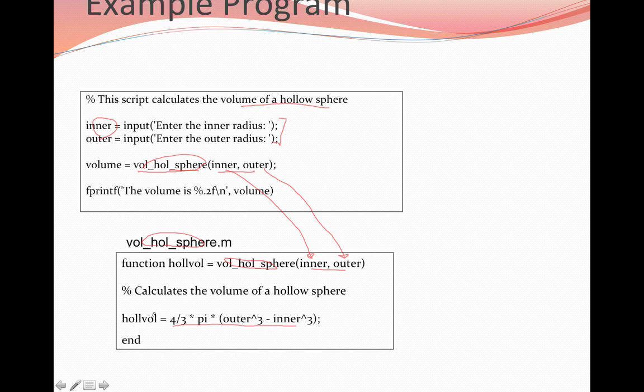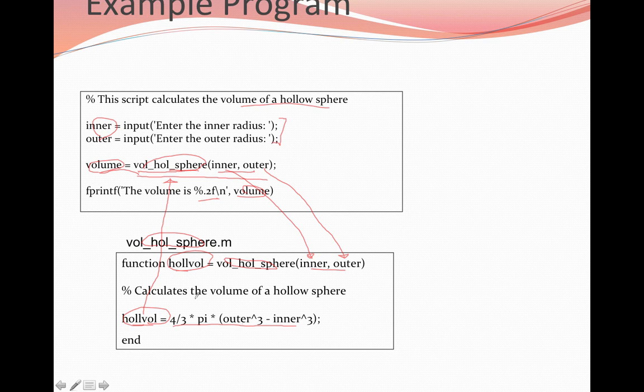So we take that expression and store it in our output argument. So whatever we name the output argument in the function header, we're going to assign the value to the output argument, and that's the mechanism by which the function returns the value back here. So the function becomes the value of this expression that was the original function call. Then once we get that value, we're assigning it here to a variable called volume, and then we're going to print that out in a nice formatted way with 2 decimal places.